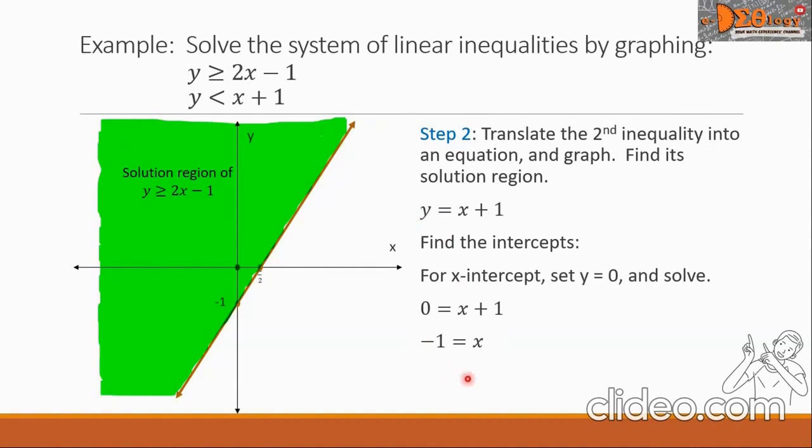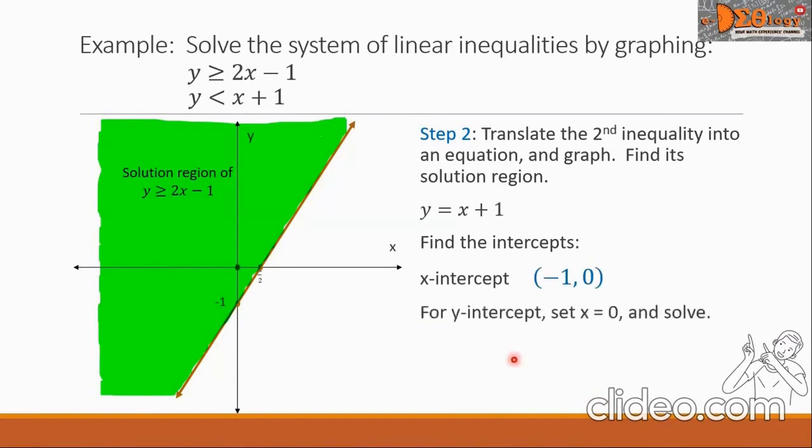We can simply interchange the position of the x and negative 1. So we have x equals negative 1. Writing the x-intercept as an ordered pair, so we have (-1, 0). Let us copy this beside the x-intercept so that we have a space for the y-intercept computation.